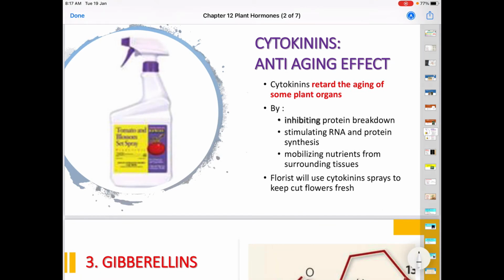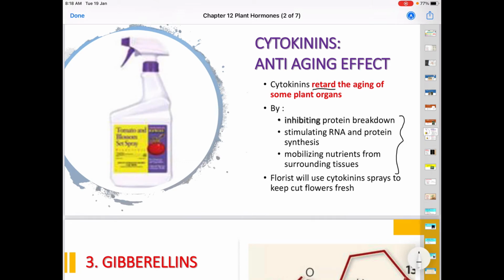Cytokinin also has an anti-aging effect. Cytokinin retards, meaning stops, the aging of some plant organs. How? By inhibiting protein breakdown, stimulating RNA and protein synthesis, and mobilizing nutrients from surrounding tissues.